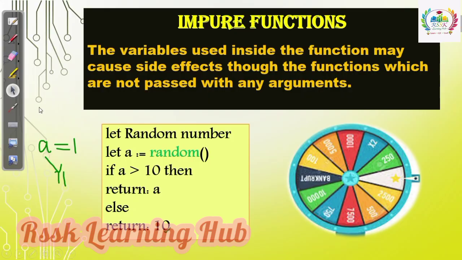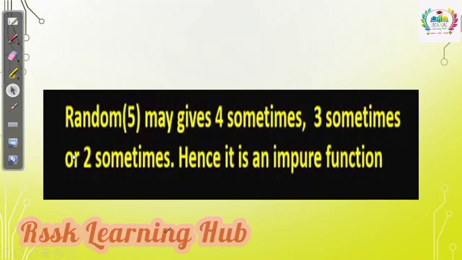Now we will see one more example for a random function. Now see this one. Random of 5 may give 4 sometimes. What does it mean? I'm calling a function called random, and I'm passing the value 5.